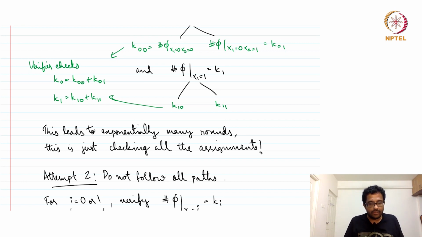So basically, this just boils down to checking all the assignments. This is not really that clever. We have exponentially many communications; all the numbers need to be sent. It's perhaps even worse than trying out all the 2 power n possible assignments and checking whether each one of them is satisfiable. So this is not efficient.